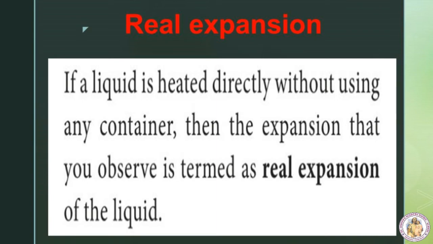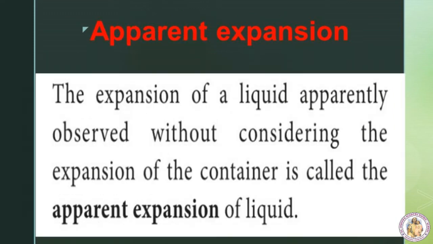So we have apparent expansion. Now we'll see what is apparent expansion. We already know real expansion: if a liquid is heated directly without using any container, that expansion is called real expansion. Actually, it is not possible.